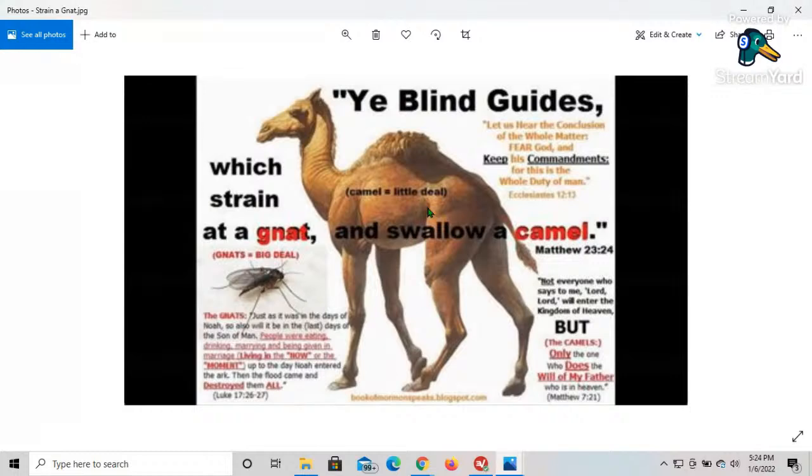They don't realize that they're missing the big picture of what the facts are showing, because they're too busy trying to strain a gnat, looking at the little details, and they miss the whole big picture. So that's the story of the skeptics. They miss the elephant in the room, you might say, or not looking at it, ignoring the elephant in the room.